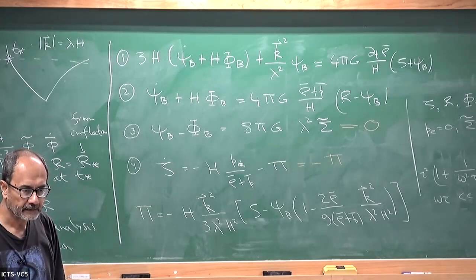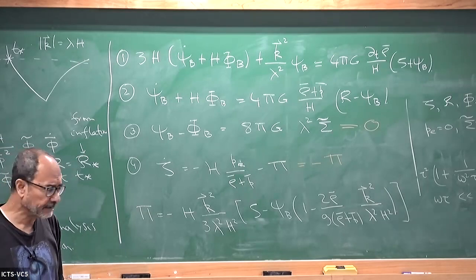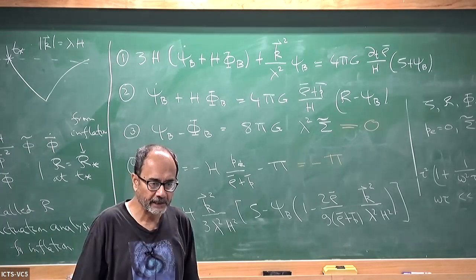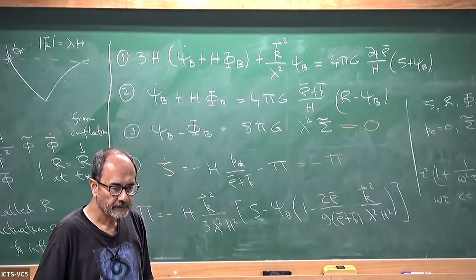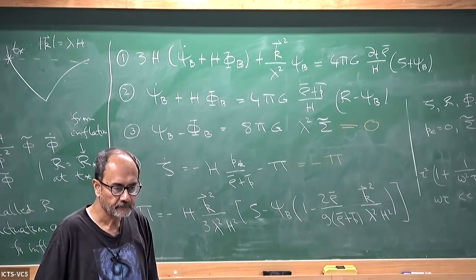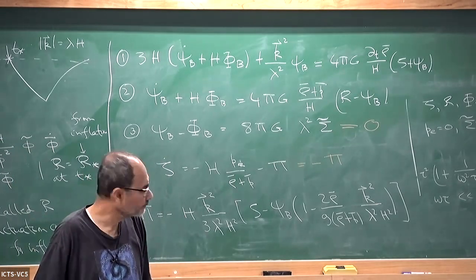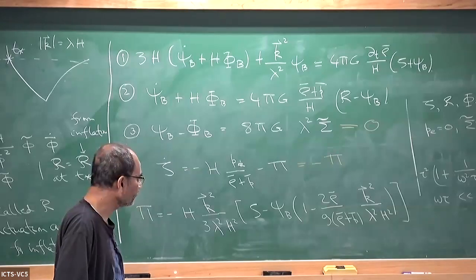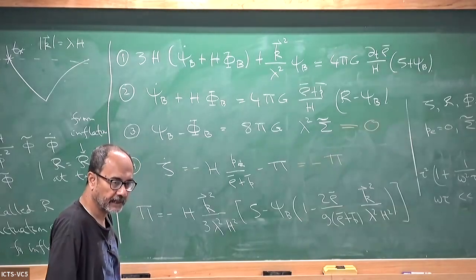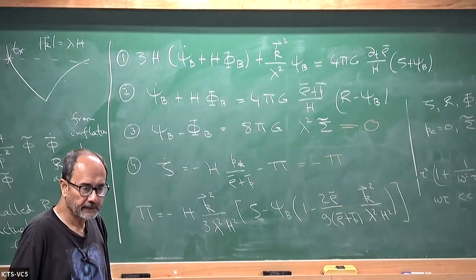I'm trying to understand above which frequency I'm supposed to look at. I think as long as inflation has started and you can use slow roll, you can continue to use this formula. Because here I'm seeing that 1 by omega square has to dominate tau square. Yes, exactly. So small omega is okay.